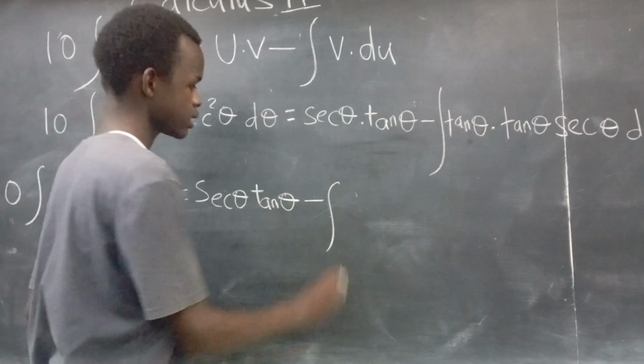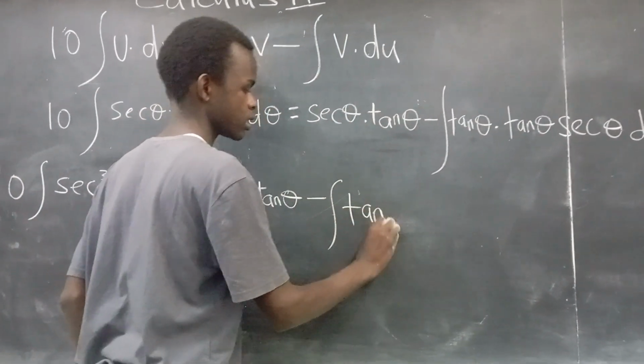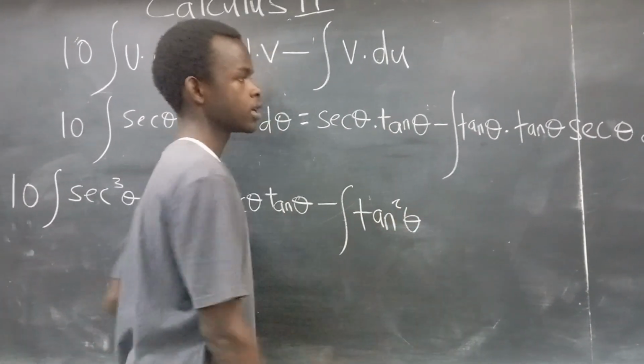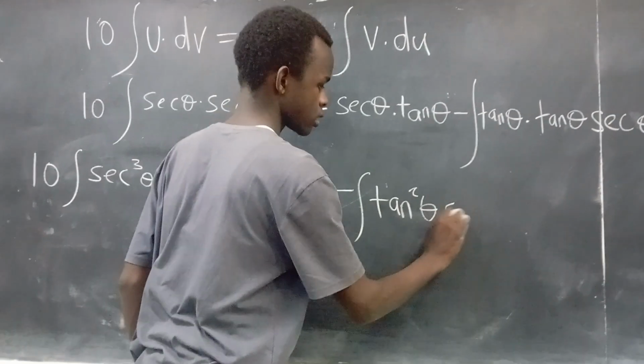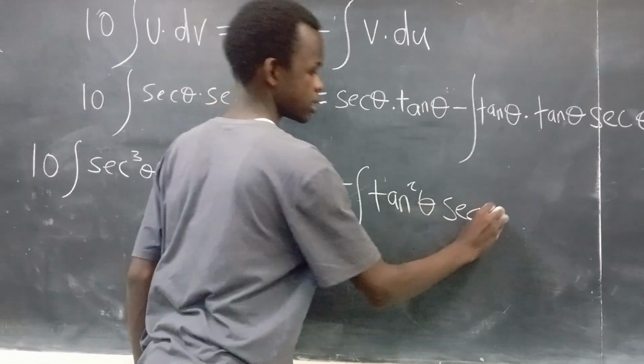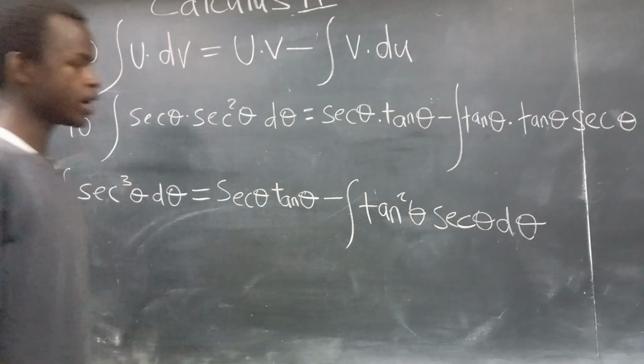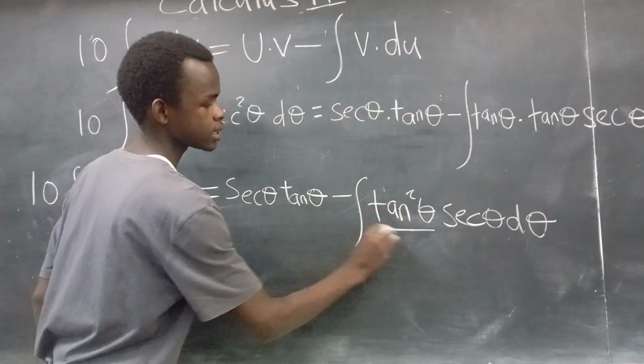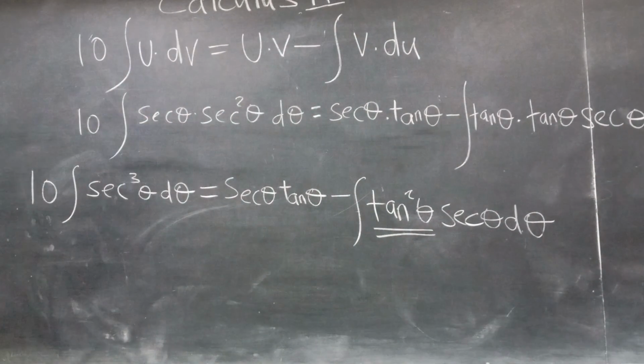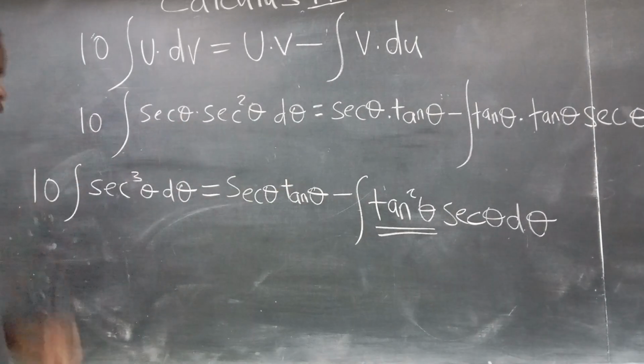It's tangent squared theta, so it will be tangent squared theta multiplied by secant theta d theta.